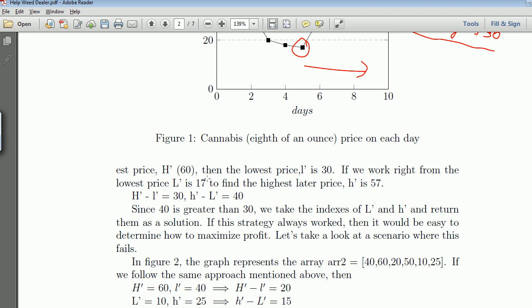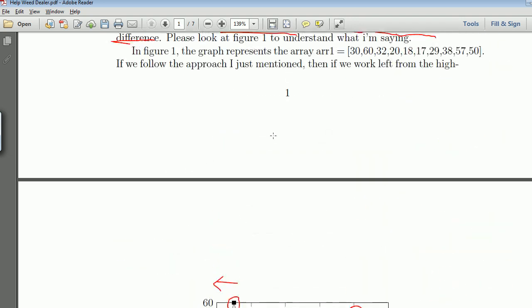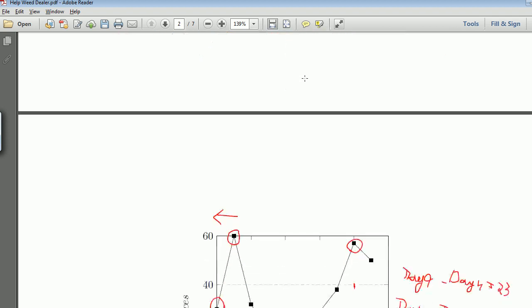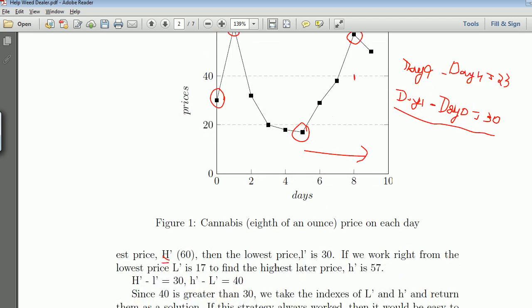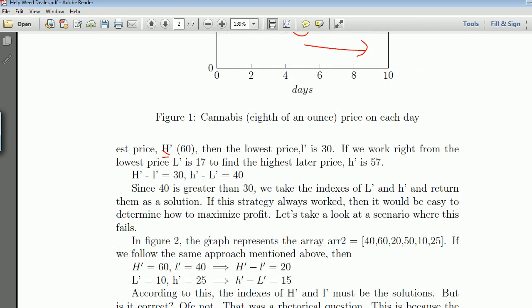So here, assume that big H dash is the highest price, and small L dash is the lowest price, okay. And assume that big L dash is the lowest price, and small h dash is the highest later price, okay.